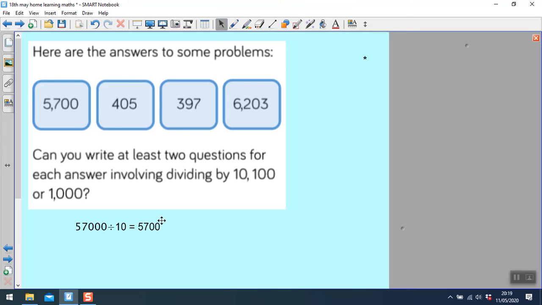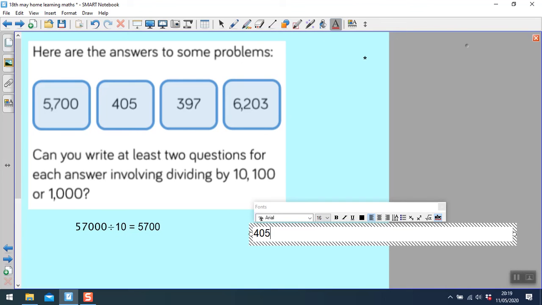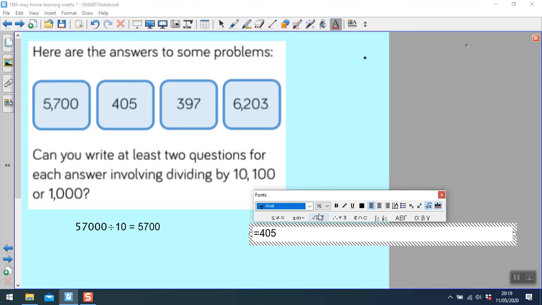I could also have, for the answer, 405. So 405 is my answer. My question could be something divided by 100 equals 405.